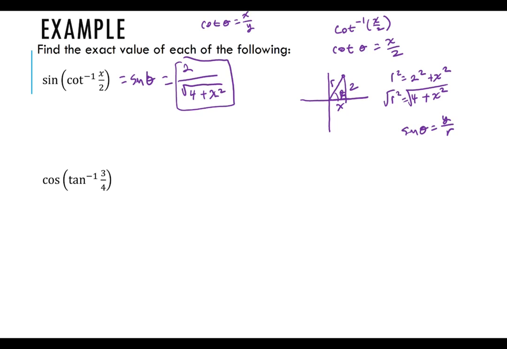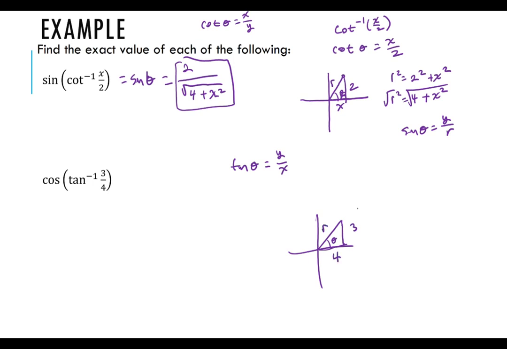Now this next one will clean up pretty nicely, I think. If I have the cosine of tangent inverse of 3/4, I'm going to use the fact that tangent of theta is equal to y divided by x. When I superimpose on the unit circle, given some theta measurement, 3 divided by 4, 3 is the y value and 4 is the x value.